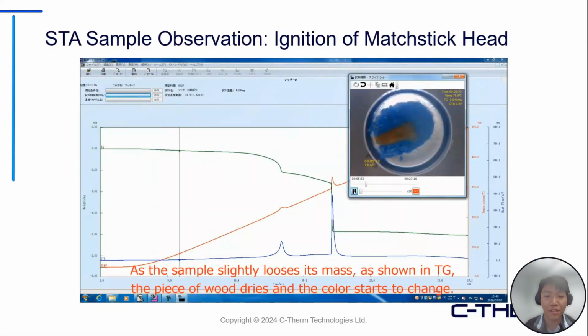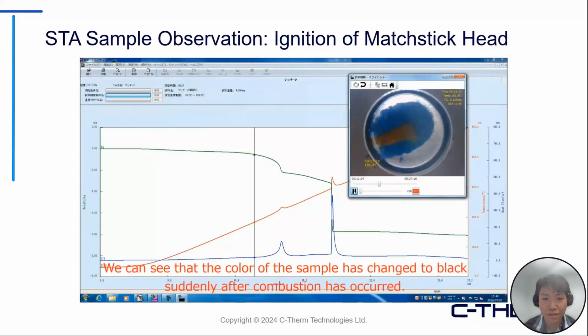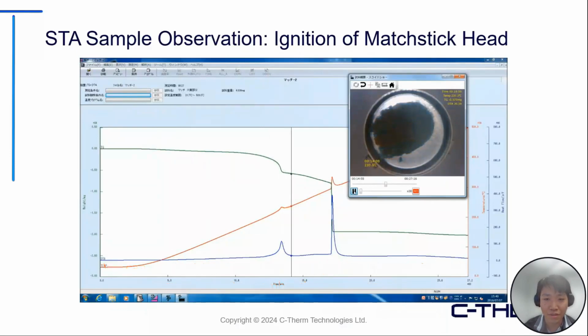But as described here, we can deduce that it is attributed to some drying of the moisture in the wood. And here, quite a drastic change in mass is being observed, and this is due to combustion of the wood.